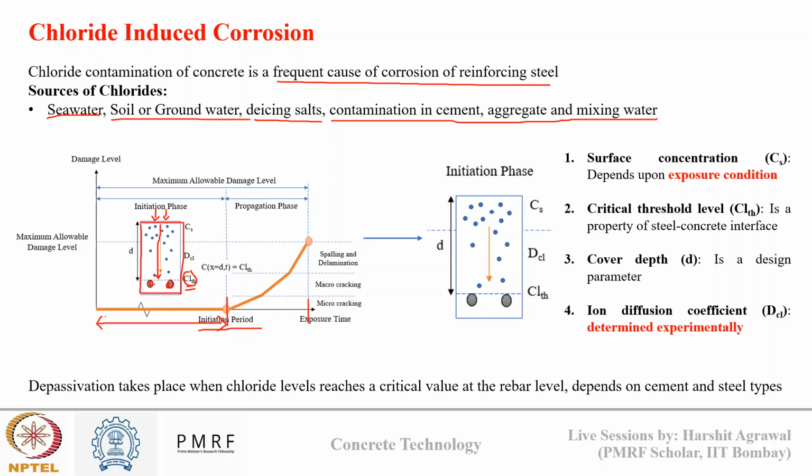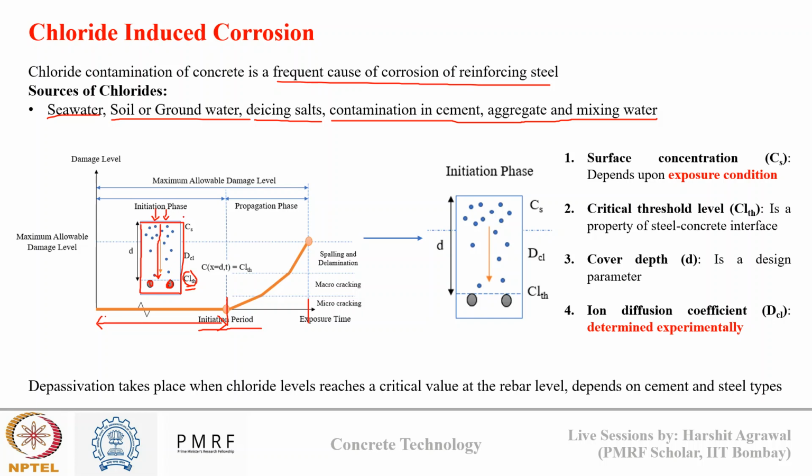Because initially there is a passive layer over the steel reinforcement, and to break the passive layer, a certain chloride concentration is needed, whose value will depend upon two things: the material used for reinforcement and the pH of concrete. Okay, so this movement of chloride through concrete happens by a process known as diffusion, which is based on concentration gradient.